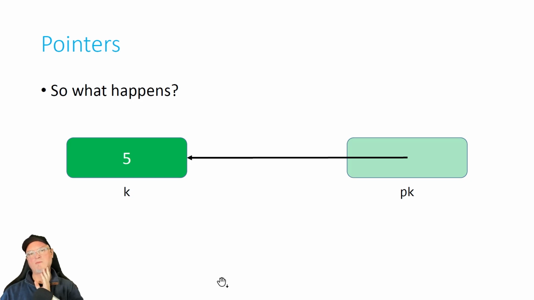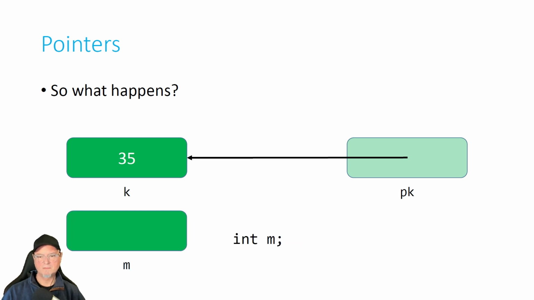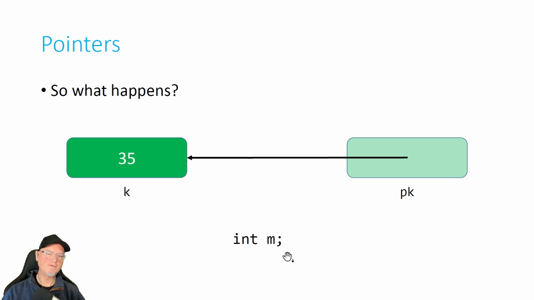All right, so what is happening here when we exploit these variables and make use of the power that's contained within them? Well, if we make a call with the dereference operator on pk, and we set the value at the address for pk to 35, it's going to update the value of 5 to 35 in the k box. If we declare a new variable, int m, we're going to make a new box.